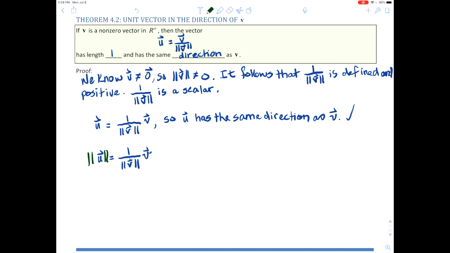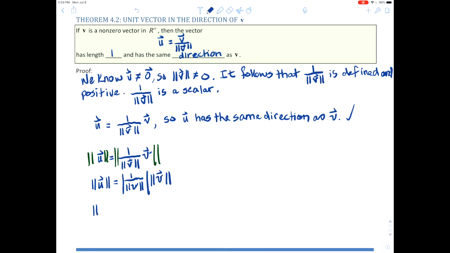So let's see what we get. This will give us that the magnitude of u is equal to the absolute value of 1 over the magnitude of v, because that's a scalar, times the magnitude of v.